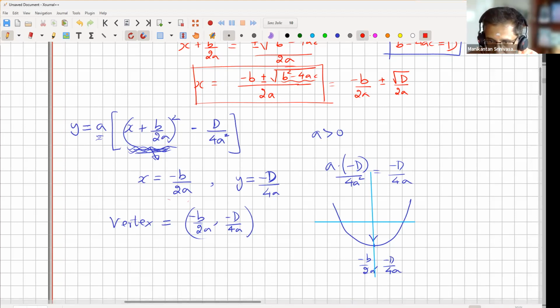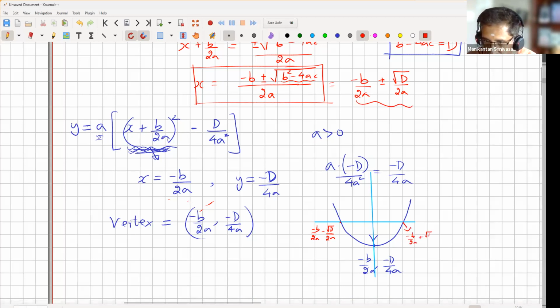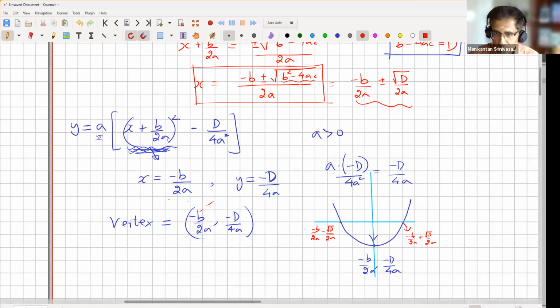So this is minus b by 2a minus root d by 2a, the two roots, and this is minus b by 2a plus root d by 2a. So it's symmetric about minus b by 2a. The y coordinate of these is obviously 0. I don't have to put that. Okay, fine, I'll put it.